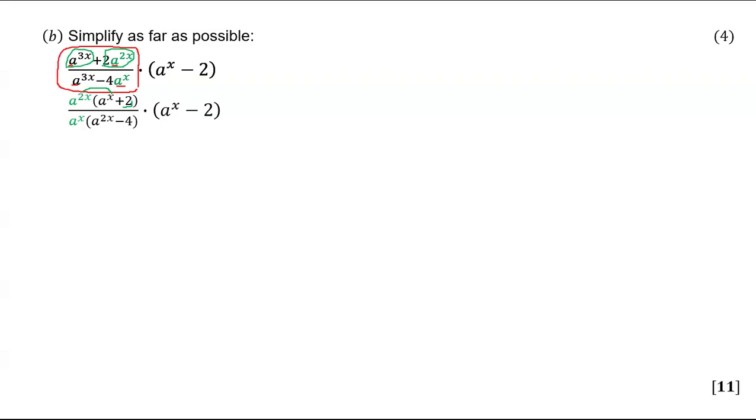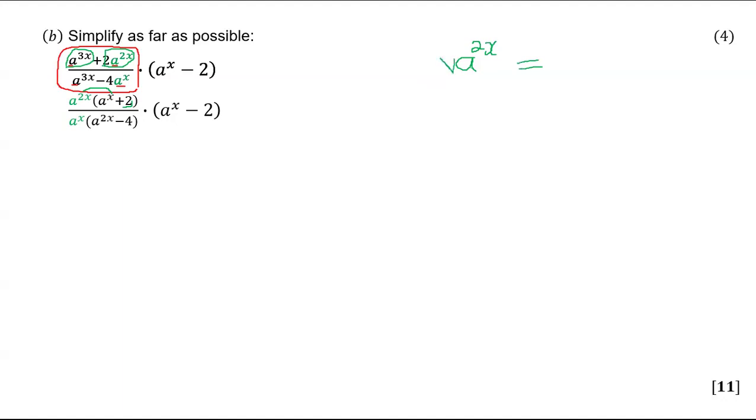And immediately when I saw that, I realized that is actually the difference of two squares. Now, the first term is a to the exponent of 2x. Is this a perfect square? The answer is yes.